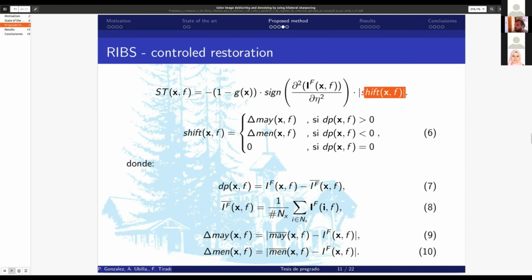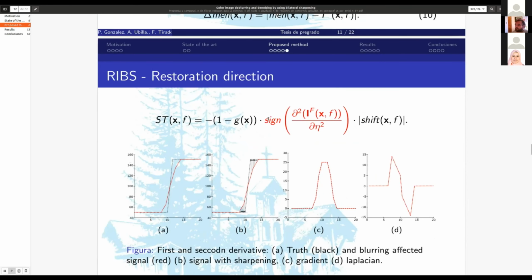Okay, with this we can consider the contribution only if the value is positive. We take only the measure of the positive or less of the median value. Okay, and the third restoration direction, we take into consideration the sign of the Laplacian in the gradient direction.